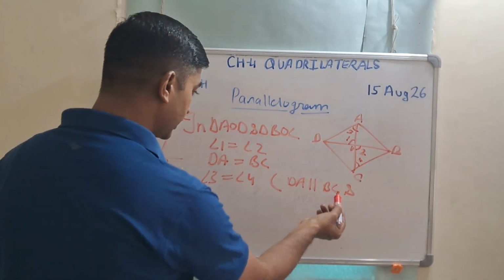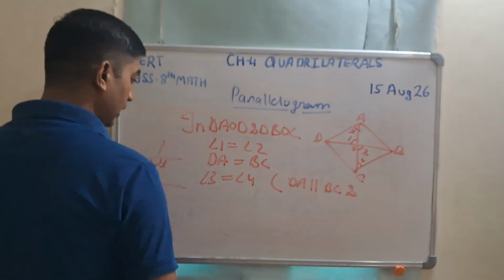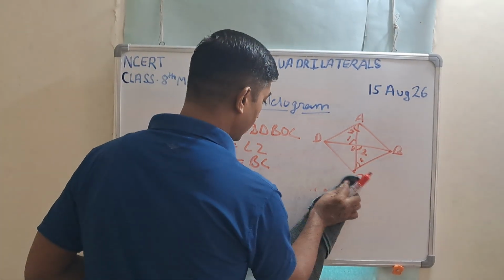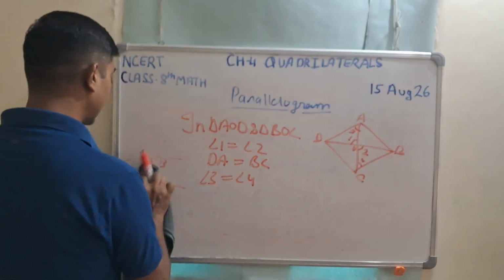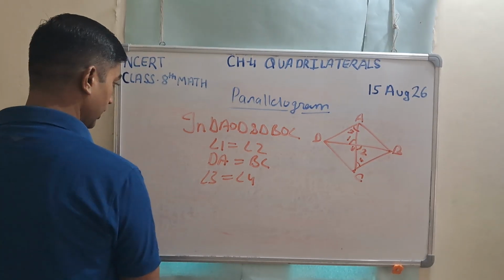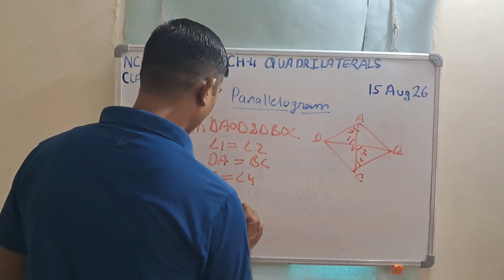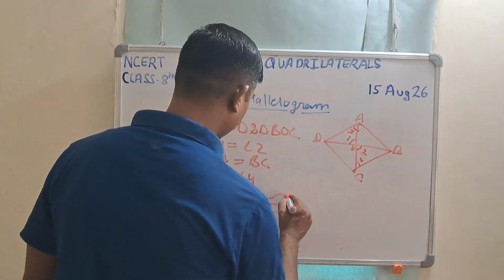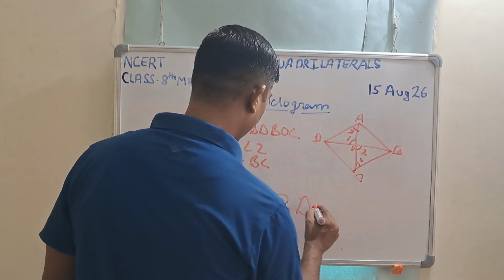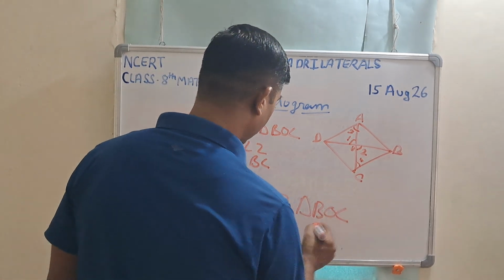So we have used the same property, and by this we conclude that both triangles are congruent triangles. Understood? Means triangle AOD is congruent to triangle BOC.